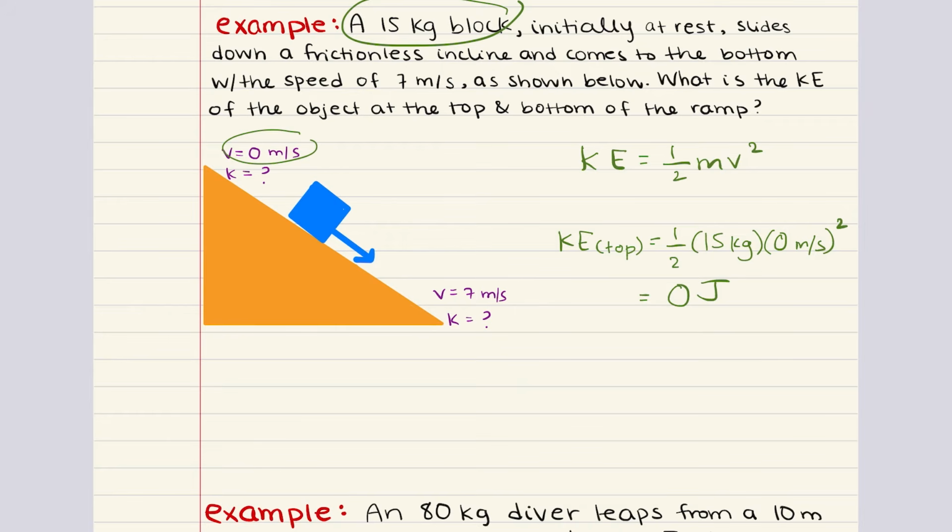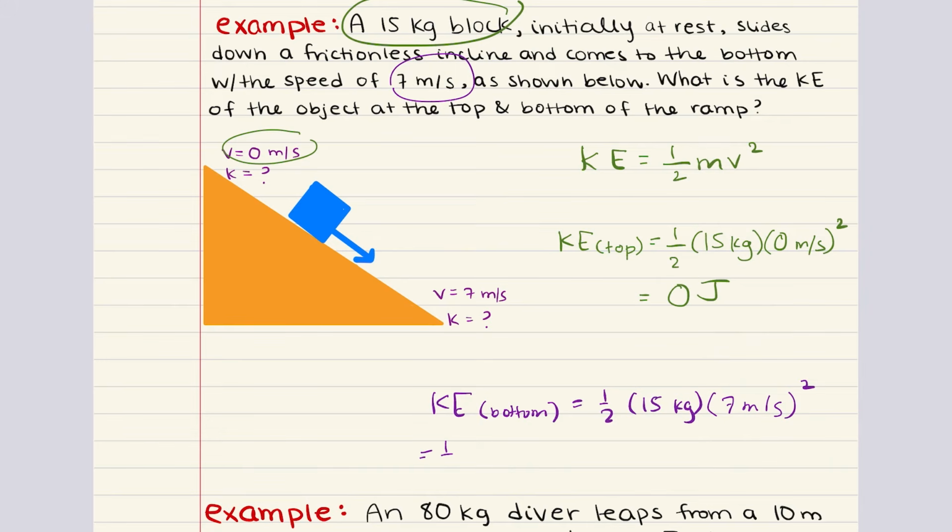So the kinetic energy of the block at rest at the top of the ramp is just going to be equal to 0 joules. What about the kinetic energy of the block at the bottom of the ramp? Now here again, we know the mass, it's 15 kilograms, and we also know the speed of the block. As the block comes to the bottom of the incline, it has a speed of 7 meters per second, and this is going to be squared.